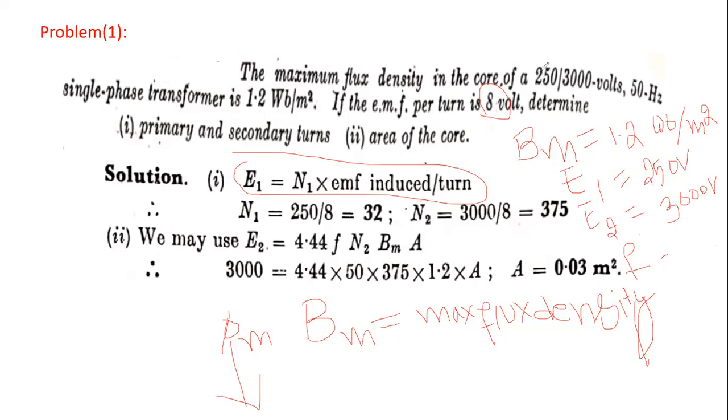If the EMF per turn is 8 volts, determine the primary and secondary turns.